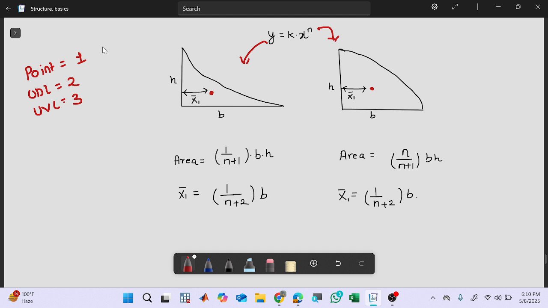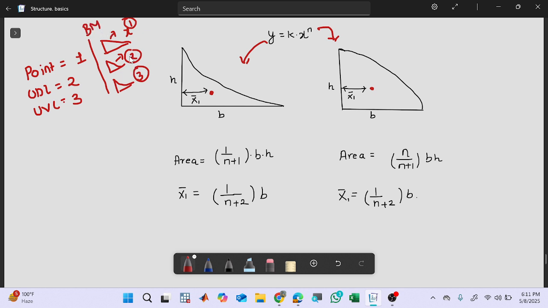This is happening because of the bending moment profile. For a point load, the bending moment profile will be a straight line, where x has a degree of 1. For UDL, we are going to have degree 2, a second degree equation, so n equals 2, and for UVL, we are going to have a third degree equation in the bending moment profile.